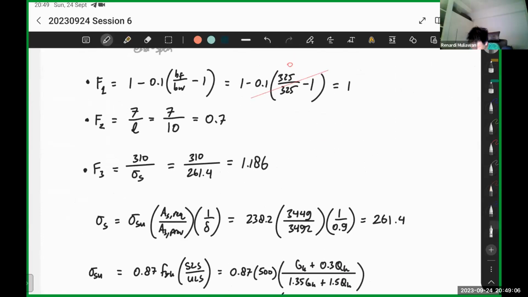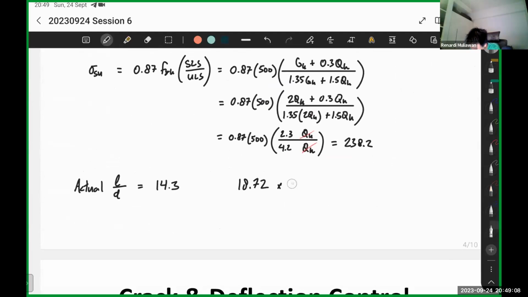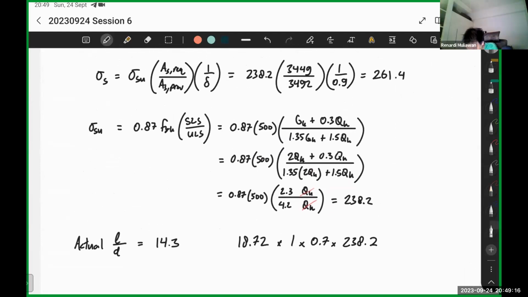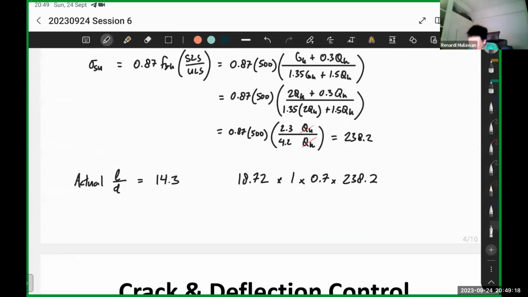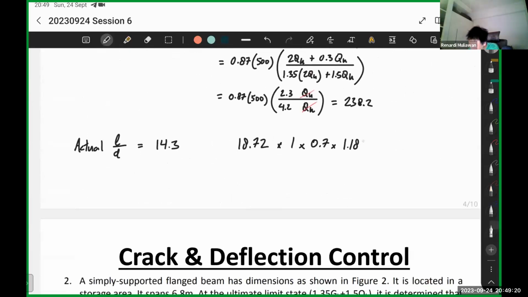So F1 here is 1, F2 is 0.7, F3 is, this looks sus. Wait, give me a second. Sorry, it's 1.186. There it is. Okay. So 18.72 times 1 times 0.7 times 1.186. You get 15.54.